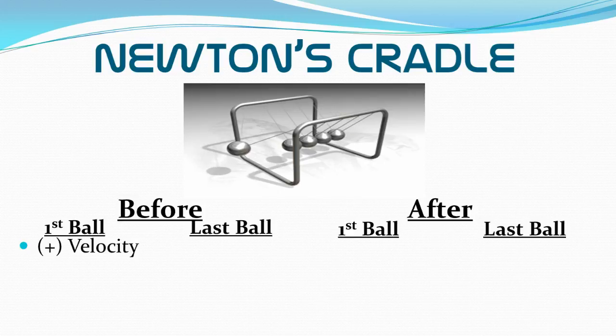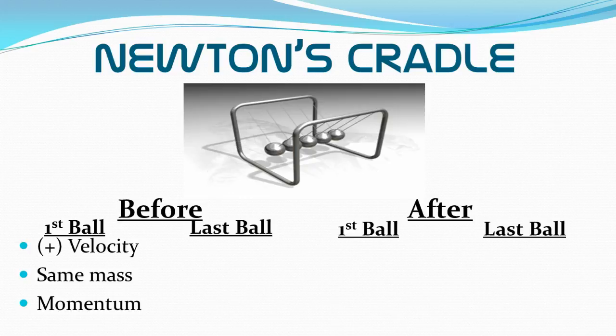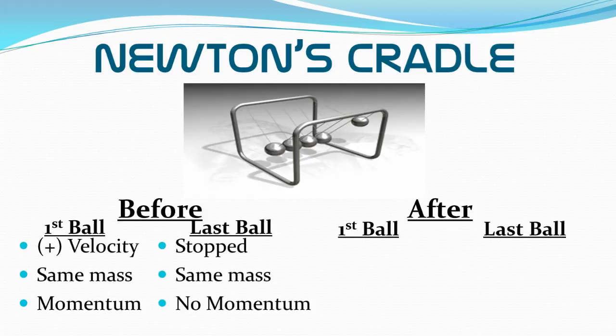The first ball is moving in a positive direction, has a positive velocity, and has the same mass as the second ball. If I multiply those together, I could find the momentum. The other ball, the ball at the end, is stopped and has the same mass, so it's going to have no momentum. We would be able to find a total momentum with those two together.